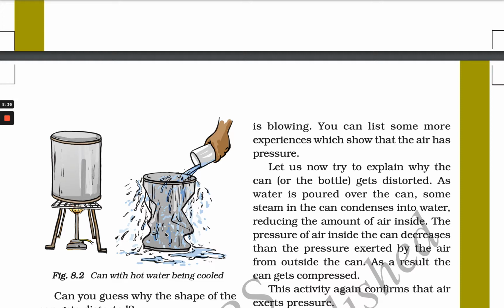And hence, when it converts into water, the air pressure inside decreases, and the air pressure outside is more than the air pressure inside the tin. So naturally, the tin container compresses. And hence, when the tin container compresses, it loses its shape.